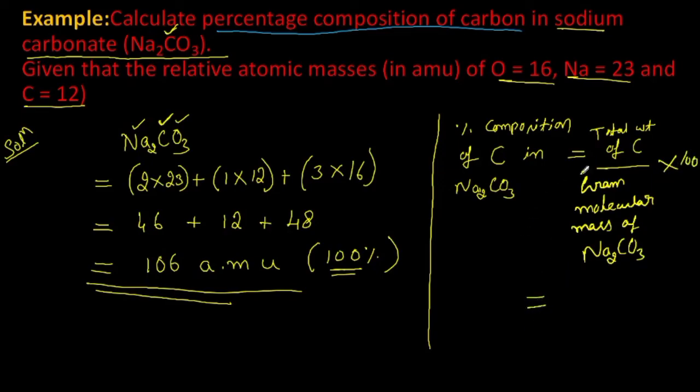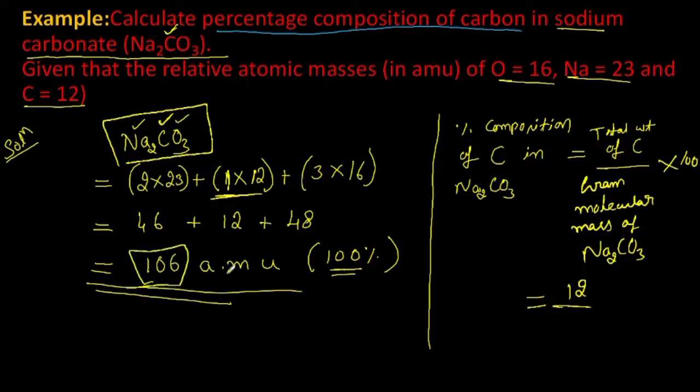So now substitute the values. What is the total weight of carbon which is present in this molecule? Since the molecule contains only one atom and its atomic mass is 12, so 12 ones are 12. So total weight of the carbon which is present in that molecule is only 12 divided by gram molecular mass, or the molecular mass of the sodium carbonate is 106.